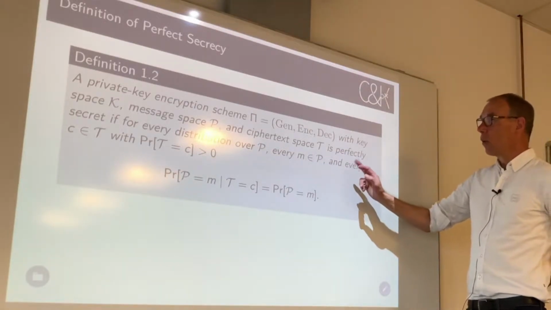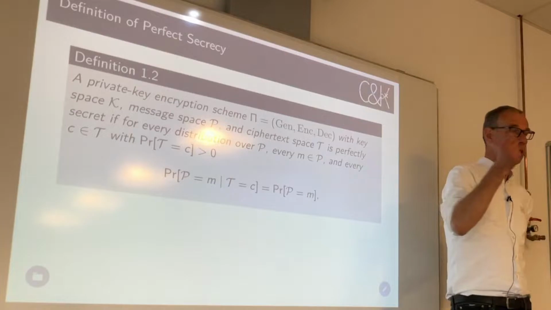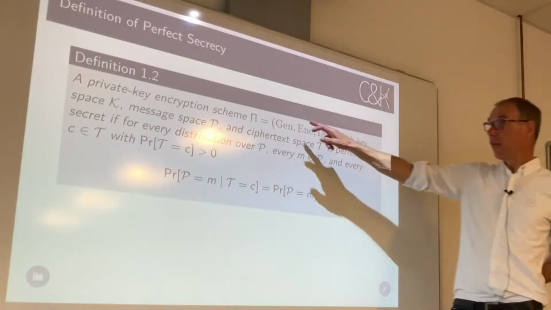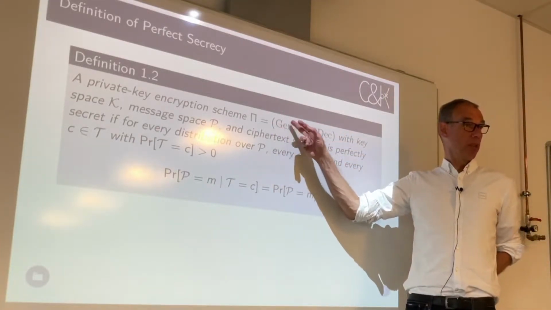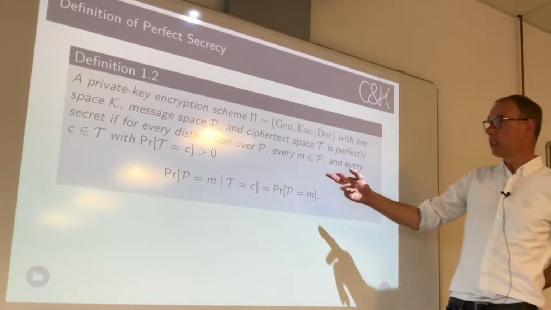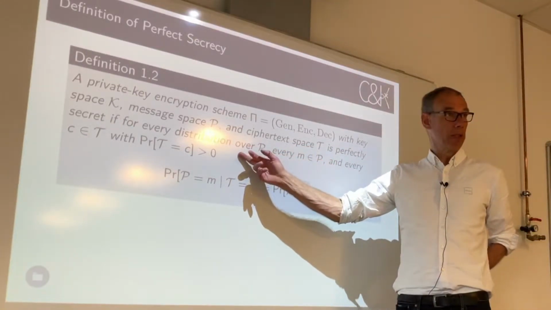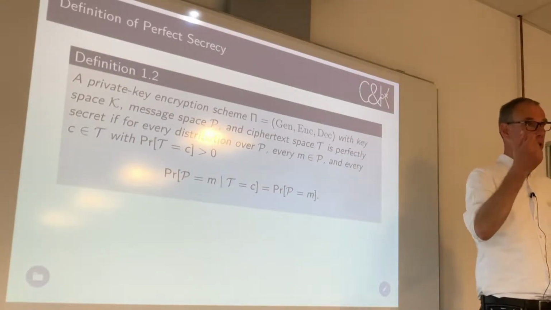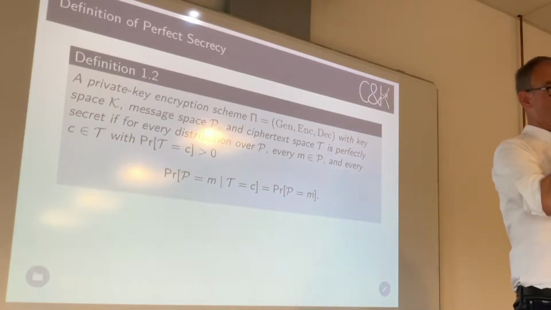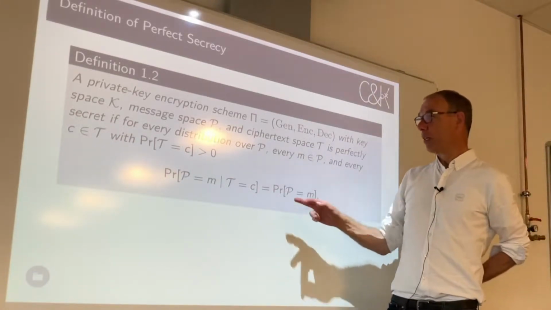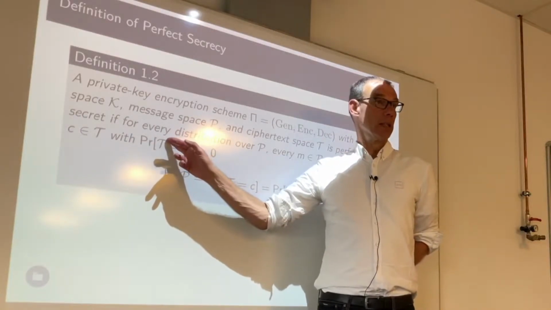Here we always assume that we have a probability distribution on the key space, which is defined by the key generation algorithm. We also assume that this is true for every probability distribution. Then we saw that, given a probability distribution on the key space and the message space, which we assume to be independent, we get an induced probability distribution on the ciphertext.